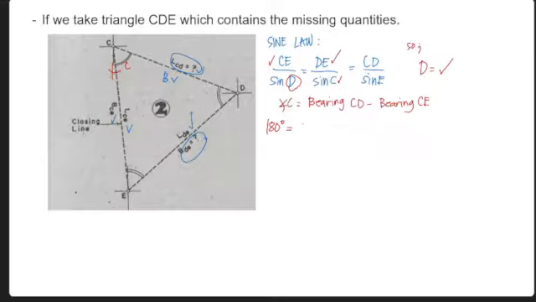So therefore, our angle D plus angle C plus angle E should be 180. So kung meron na tayong D, meron na tayong C, pwede na rin nating makuha si E.